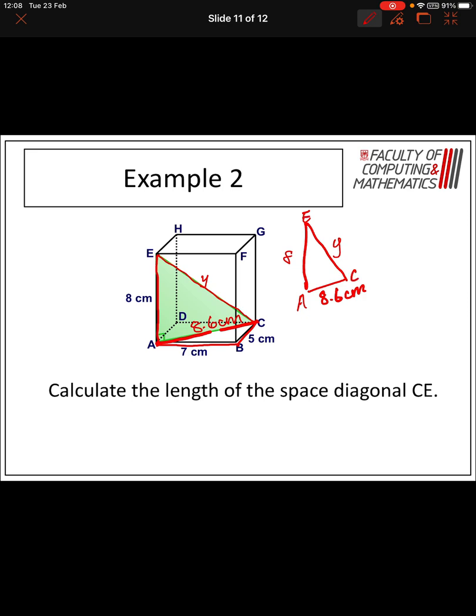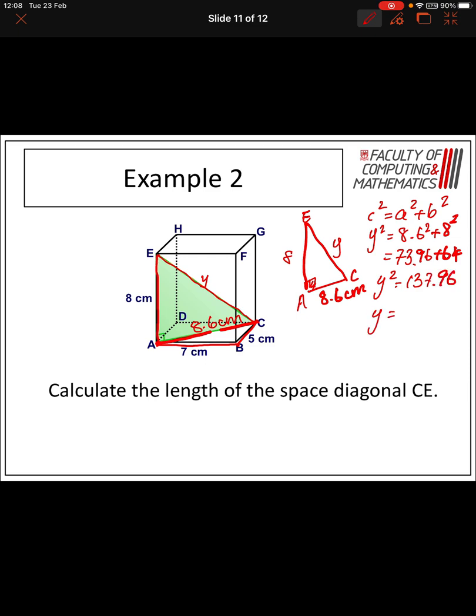Again, I'm finding the hypotenuse, so c squared is equal to a squared plus b squared. I've called it y, so substitute in my values. Y squared is equal to 8.6 squared plus 8 squared. 8.6 squared is 73.96. 8 squared is 64. Add the two of them together, I'm getting 137.96.